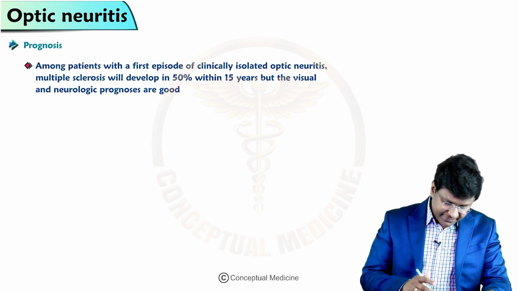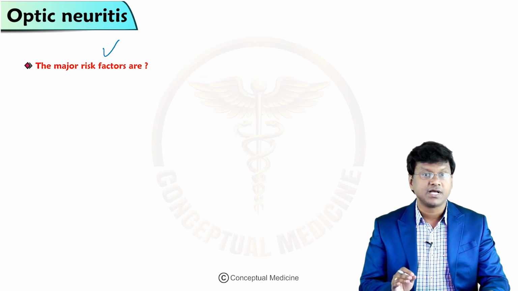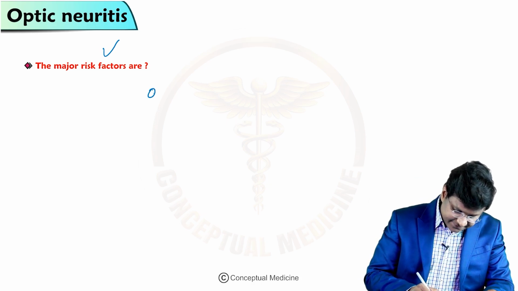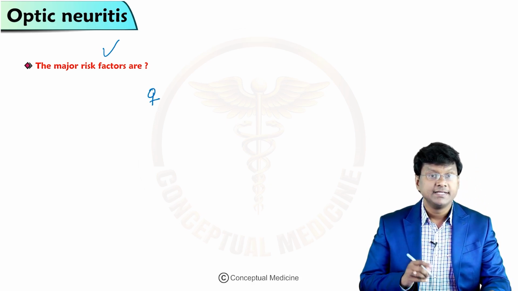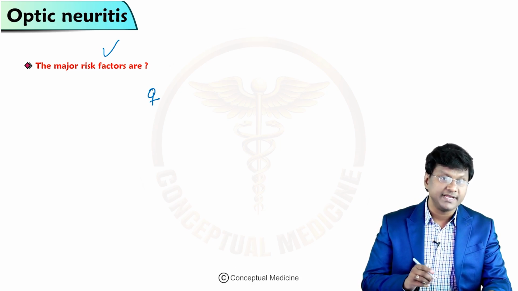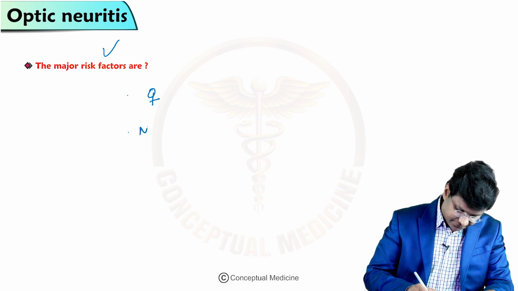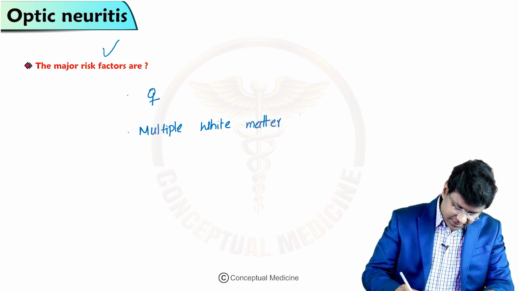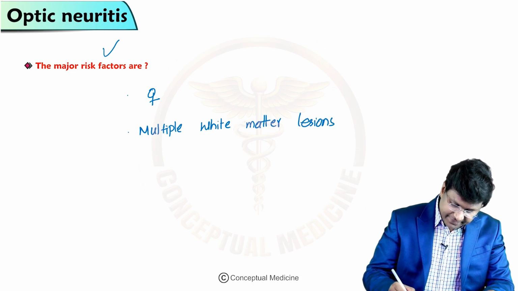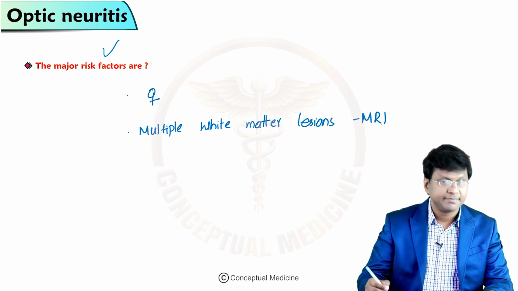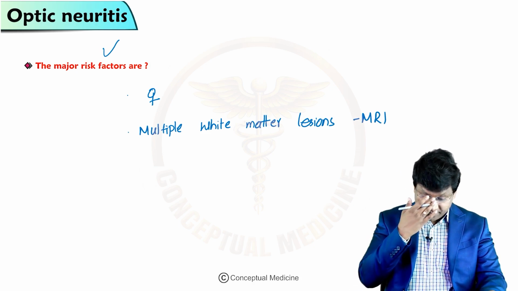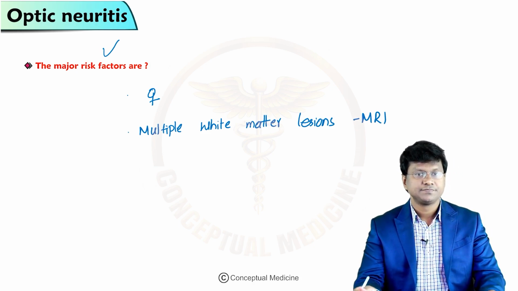And the major risk factors are the female gender and the presence of multiple white matter lesions on the brain MRI. Right, multiple white matter lesions on the brain MRI. So these are the major risk factors.